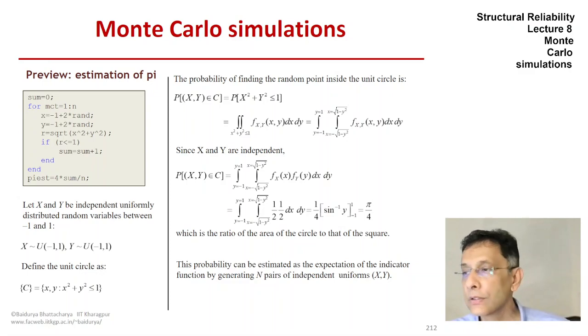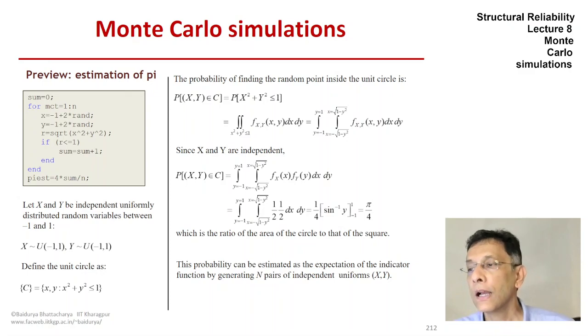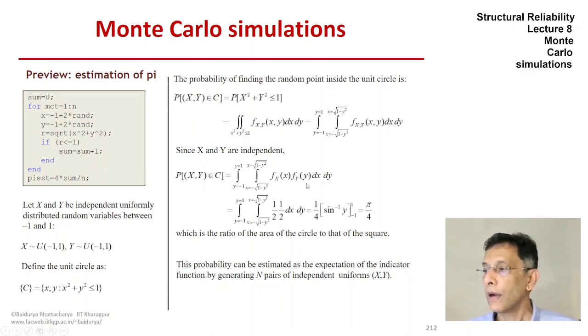So we generate one x, we generate one y independently, and then compute the distance from the origin, and if the distance is less than or equal to 1, which means the point is within the unit circle, we increment a counter, sum, by 1. That counter was initialized at 0 outside of the loop, and once we are done with the n simulations, the estimated value of pi is 4 times the ratio sum over n. So this is the process that we followed.